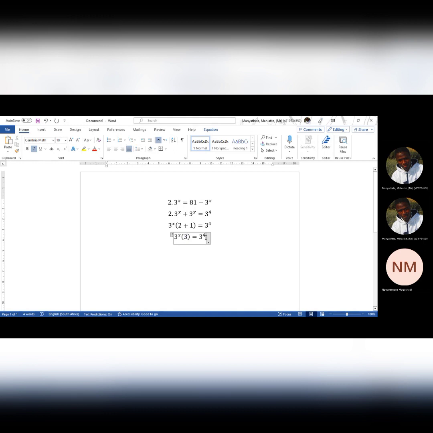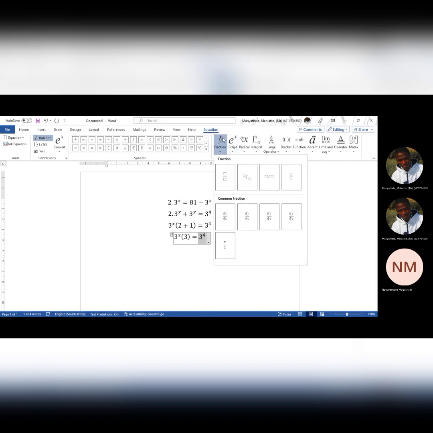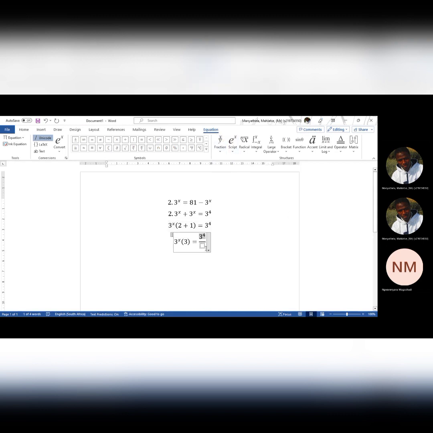So what we remain with is 3, and remember that 3 you can also write as 3 to the exponent 1. So let's write it as 3 to the exponent 1. But remember we divide by 3 on both sides.